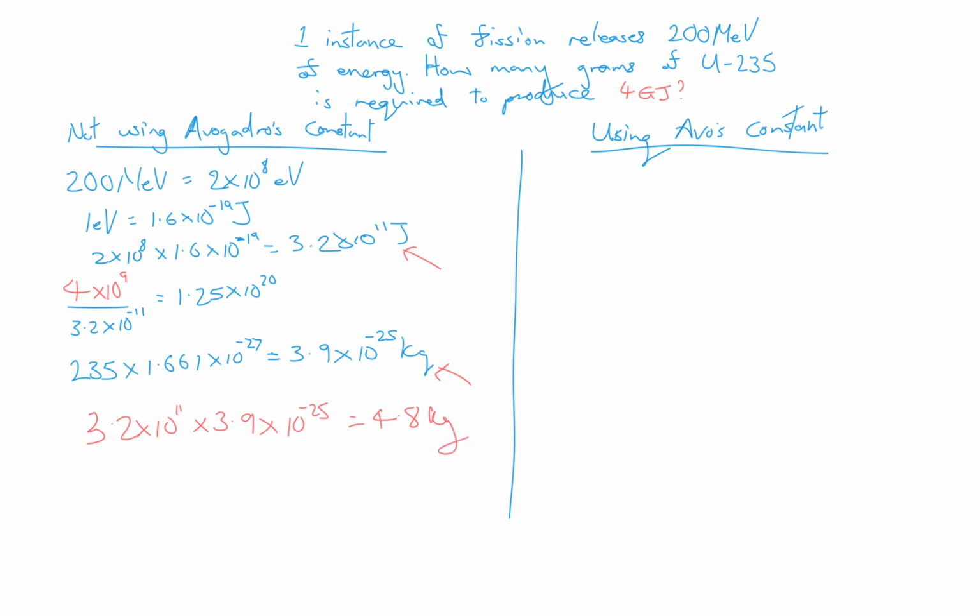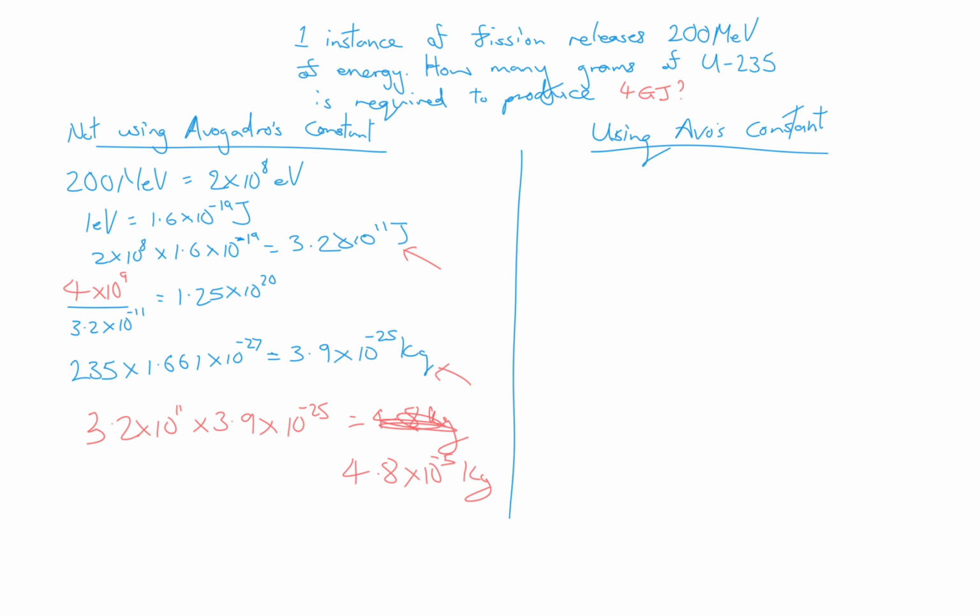Okay, so we're looking at about 4.8 kilograms of uranium, way less than 1 mole. And remember, 1 mole of uranium is 235 grams. Oh, sorry, that is a little mistake. Not 4.8, 4.8 times 10 to the minus 5. Sorry. Yeah, that's the mass that we're going to have there.